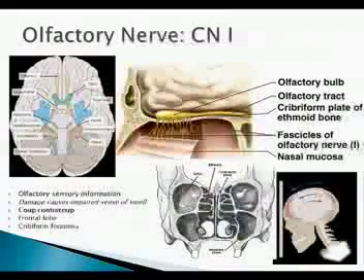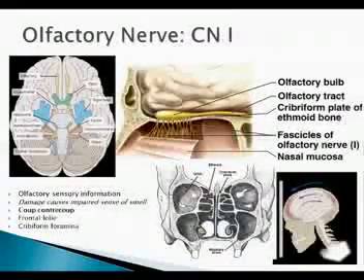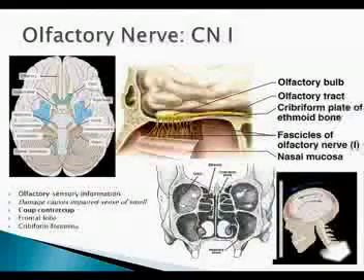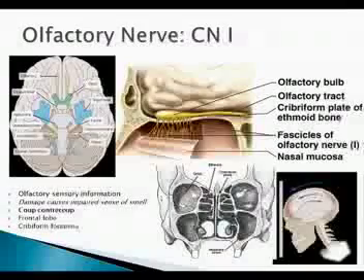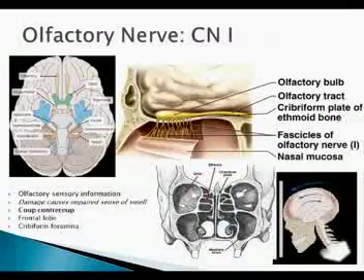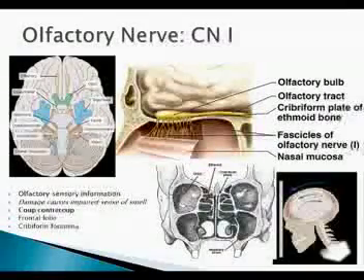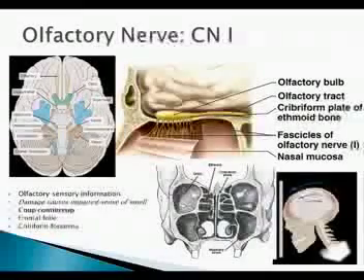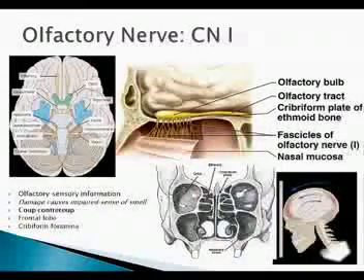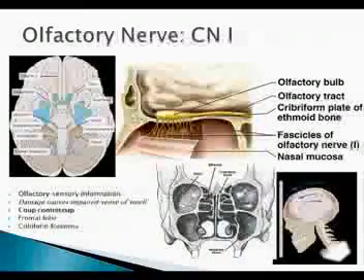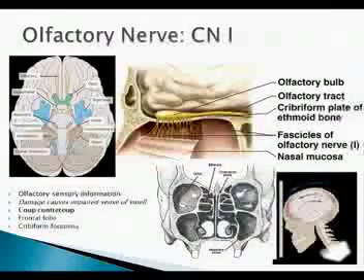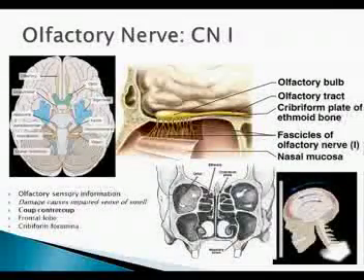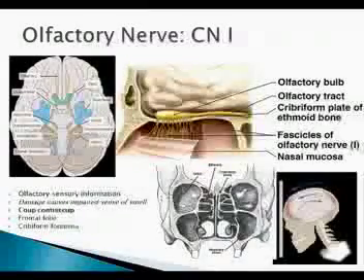You remember on the ethmoid, there's that structure called the cribriform plate. On that cribriform plate, there are actual cribriform foramina, which are those holes that pass through it. There are fascicles, or kind of tendrils, that come off the olfactory nerve that pass through. So this is actually the only nerve that's exposed to the external environment through your nose in the epithelial tissue.